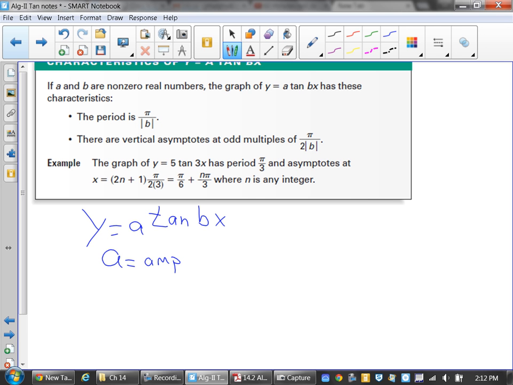Think of it as how high up the 1 point, or how low down the 1 point will go on the axis compared to the parent function. It always goes through the origin, and where else does it go? 2 other points that are going to be very, very easy to find.